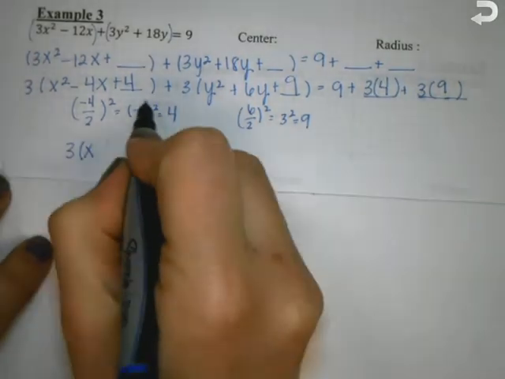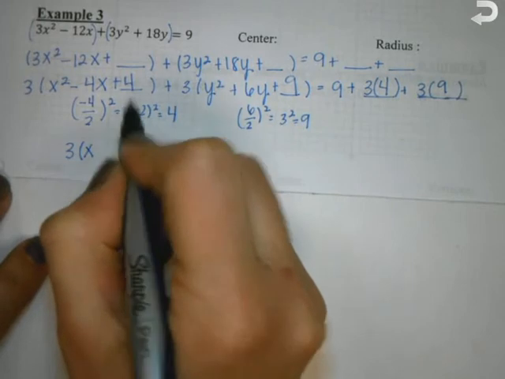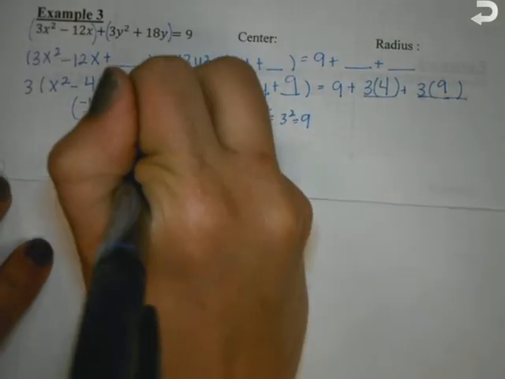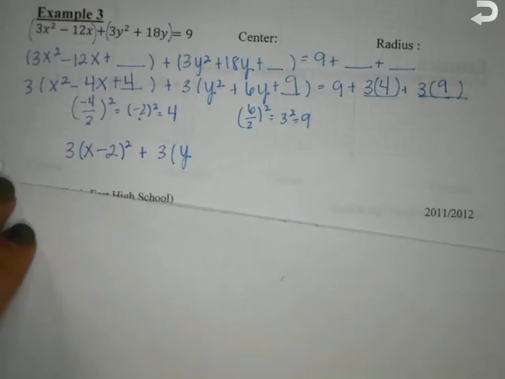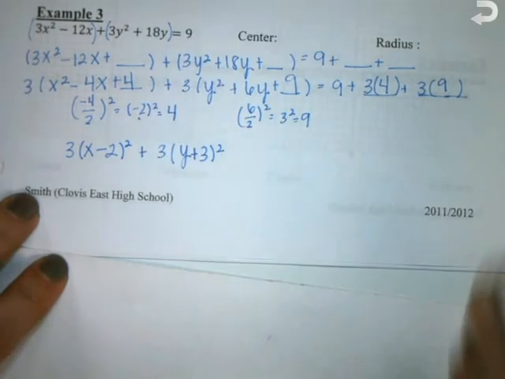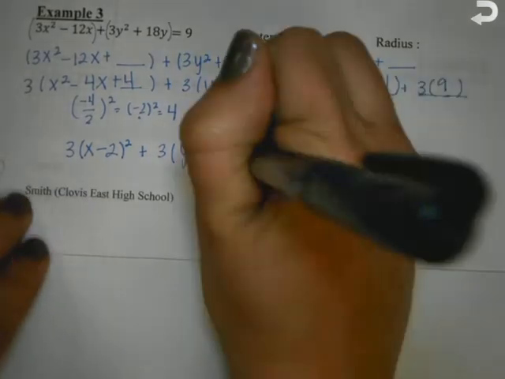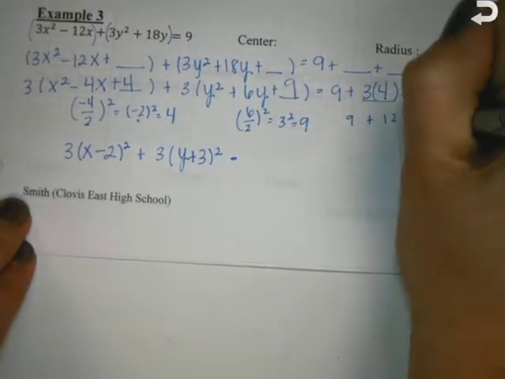So that's going to be x minus 2 squared plus 3 times y plus 3 squared. Okay. Equals, this is going to be 9 plus 12 plus 27. So what does that give me? 48.